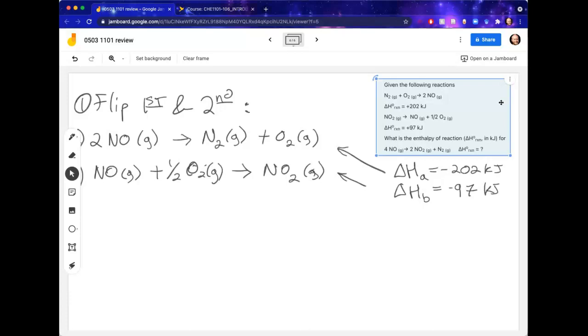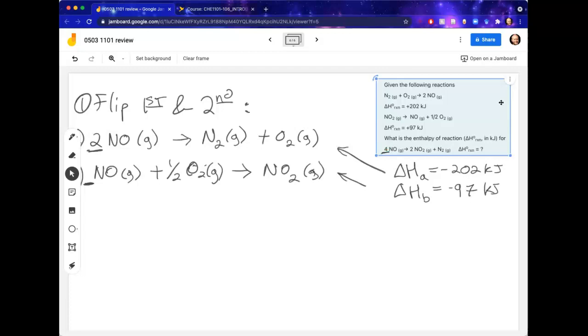Then the next step will be to scale some things in order to get the coefficients to line up. So in this case, we've got a 1 there, a 2 up top, and we're trying to get to 4.